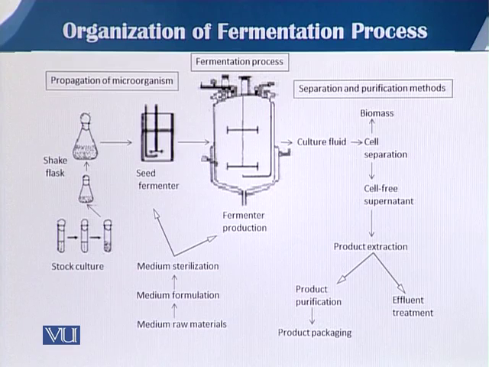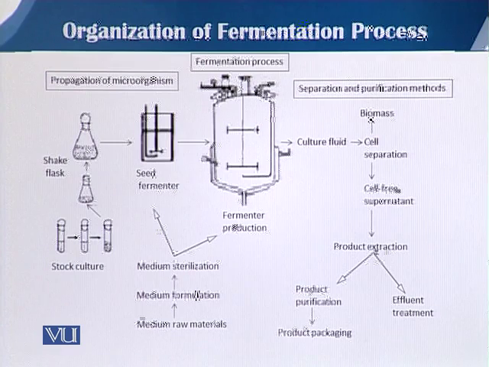So the first major part is the propagation of the microorganism, the second major part is what we call the fermentation process or production process, and the third major part is the separation and purification method. So this is the whole organization of a fermentation process, apart from the types of fermentation.